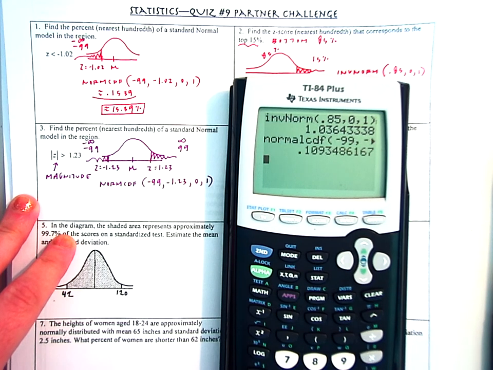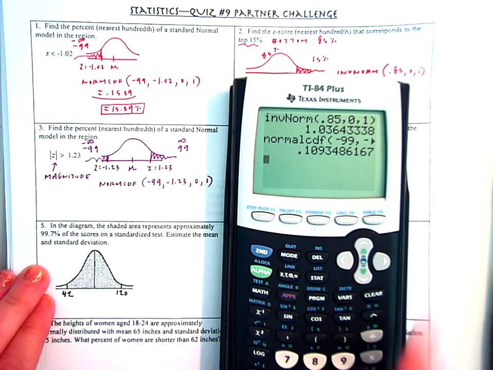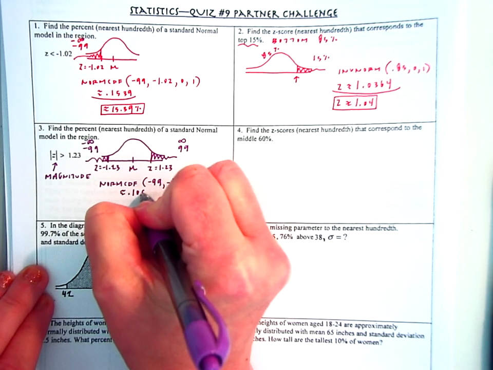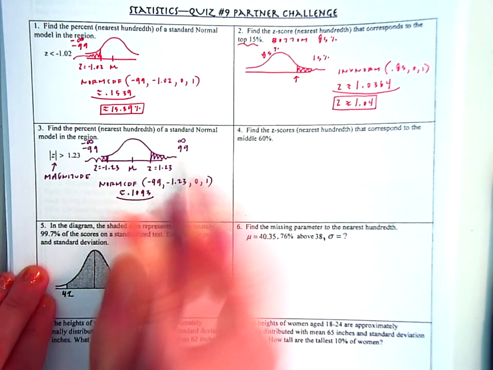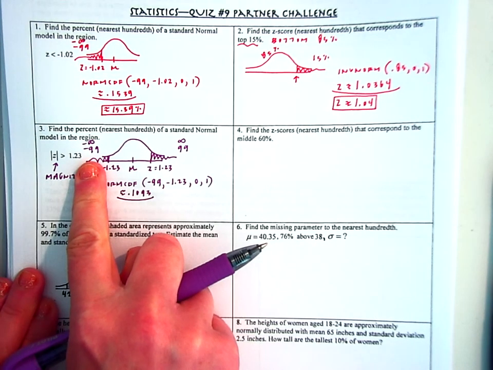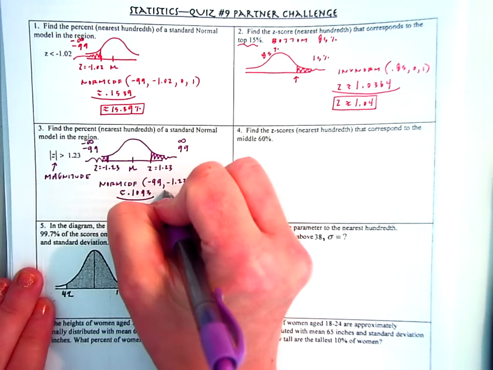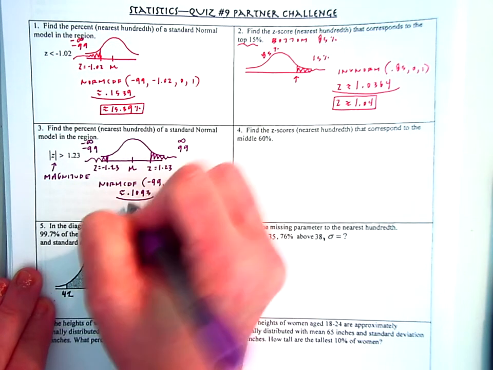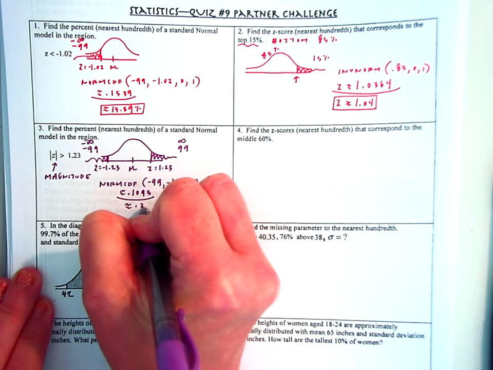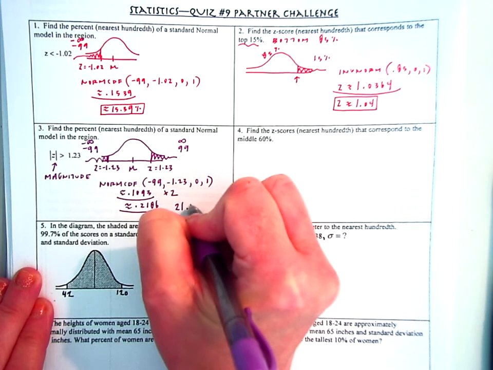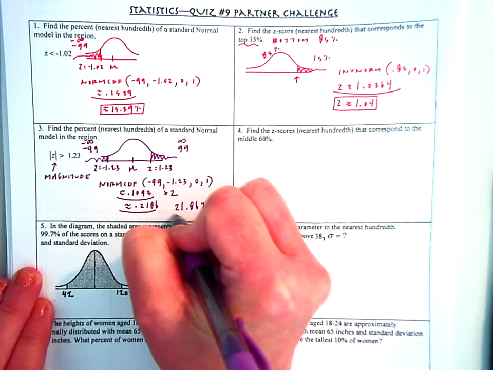Enter, I get 0.1093. So I know the area here is 0.1093. The area here is the same. So I have to double it, which is going to get me 0.2186, and as a percent, 21.86%.